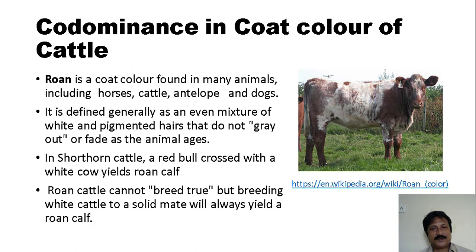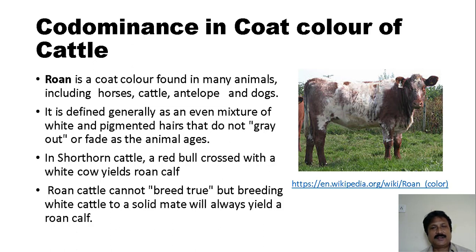Some hair is fully red, it is not blended, and another hair is totally white. None of the hair will be a mixture of the two colors. So each color here expresses to its fullest.